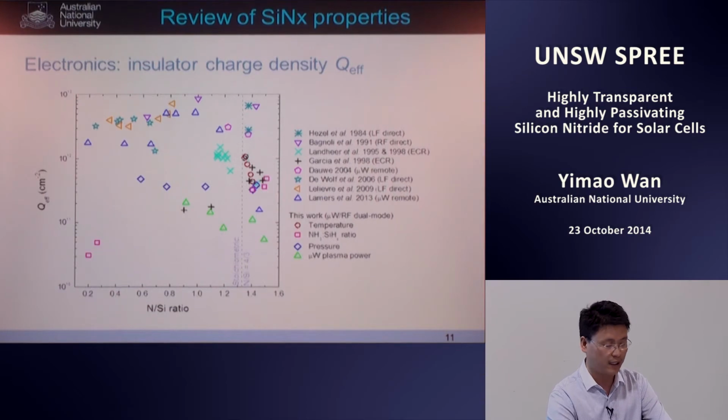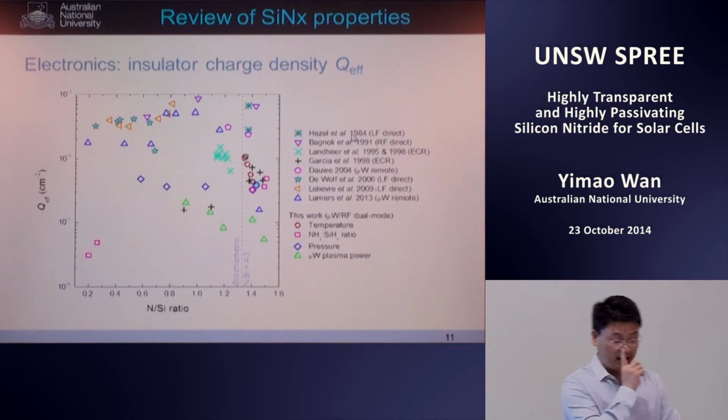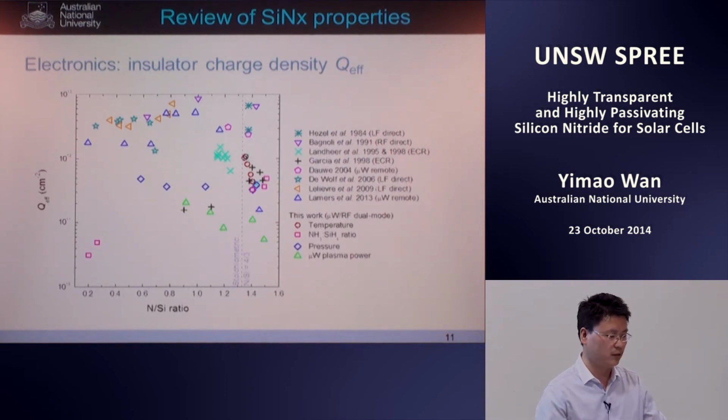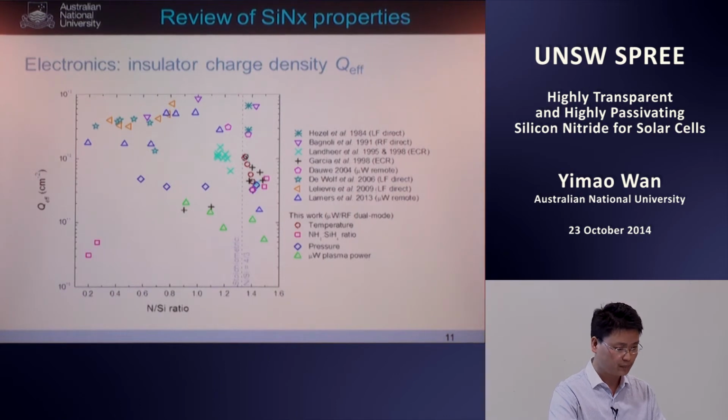Again, it's plotted against the nitrogen to silicon ratio from a bunch of literature results. And it looks quite messy here, and that's the message from this figure, which means that we can't observe a universal correlation between effective charge and the nitrogen-silicon ratio.